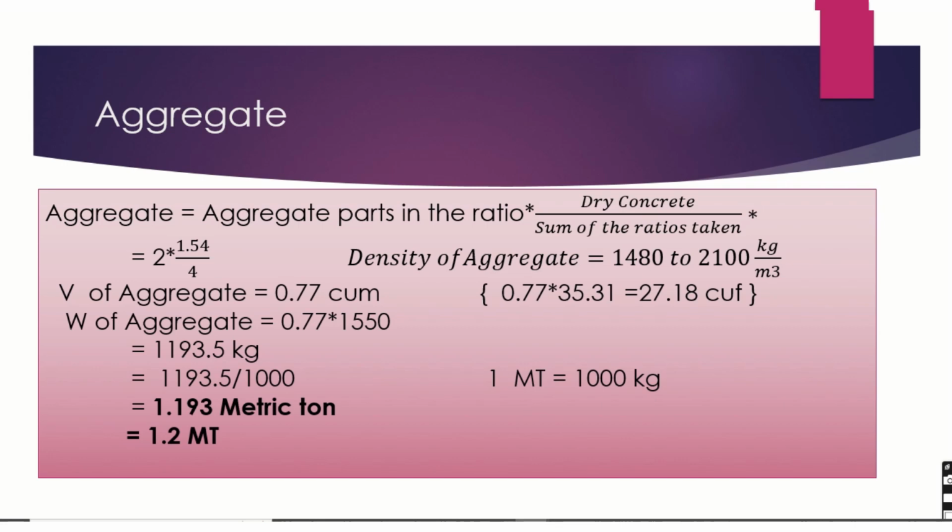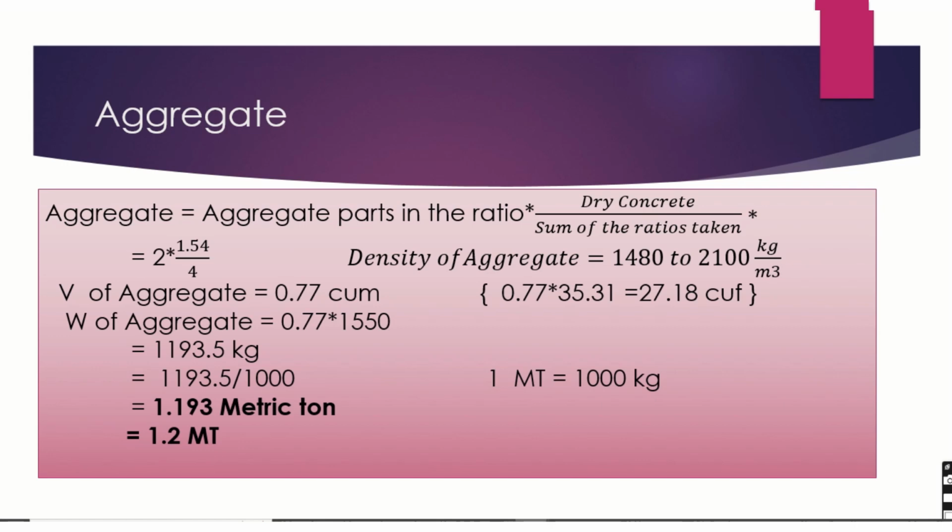Now we need this quantity of aggregate in metric ton. We got the result in kg, and we'll divide it by 1000 to obtain the result in metric ton. After dividing we get 1.193 metric ton, which is nearly 1.2 metric ton.